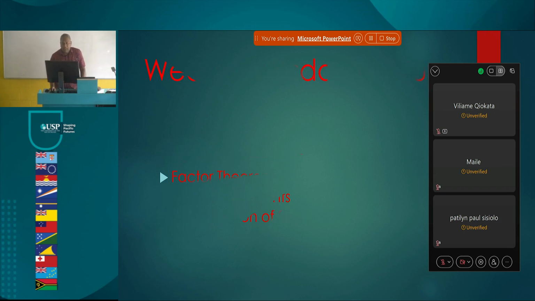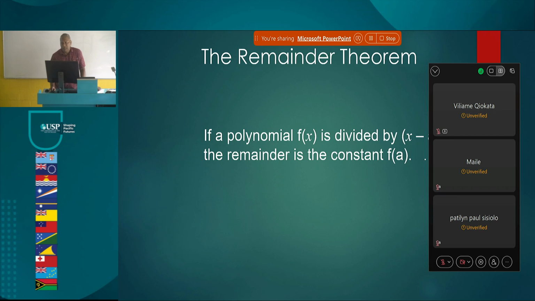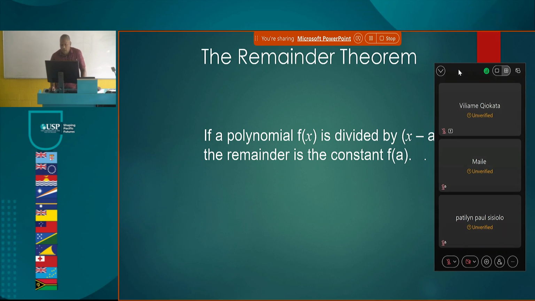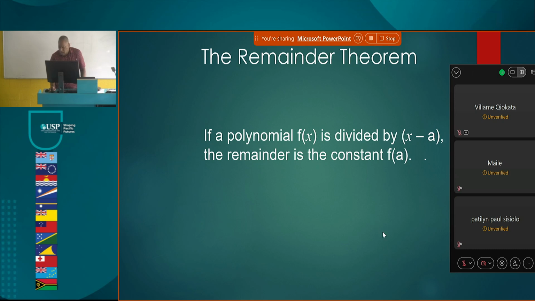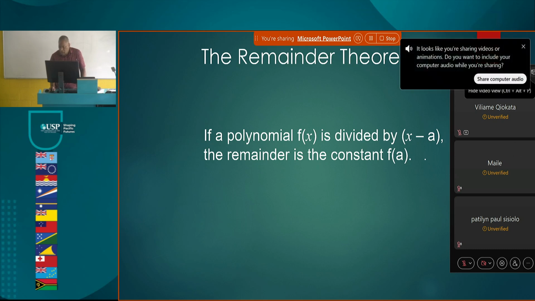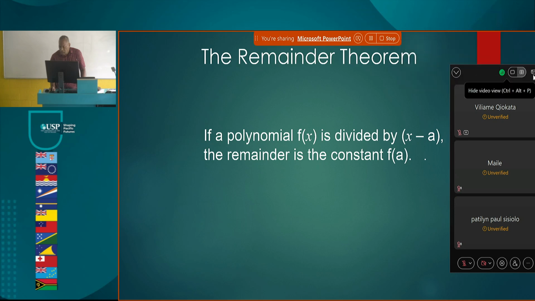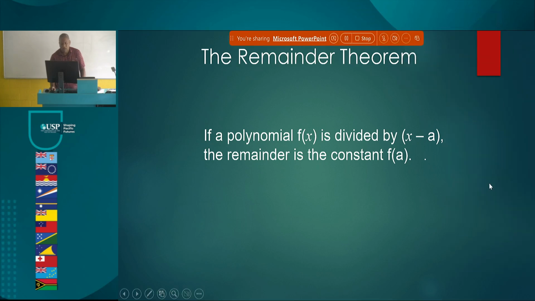So let's again go through the remainder theorem. If a polynomial f(x) is divided by x minus a, then we can calculate the remainder by substituting a into f(x).